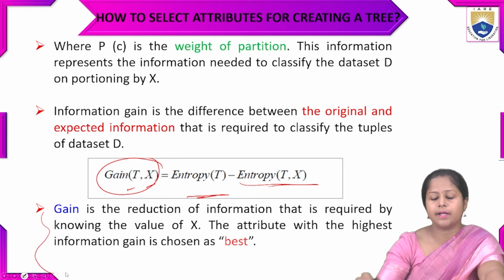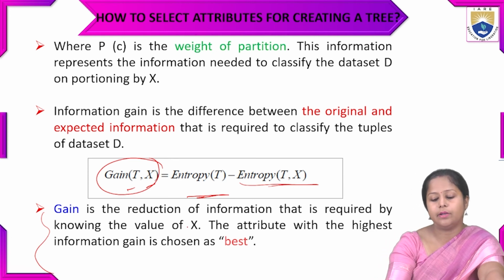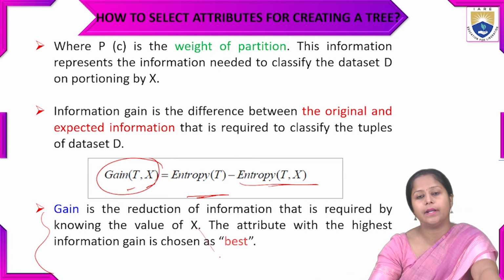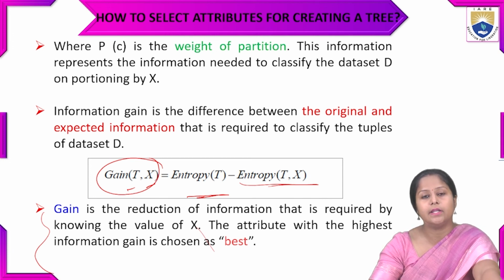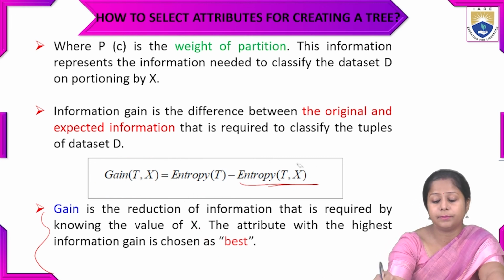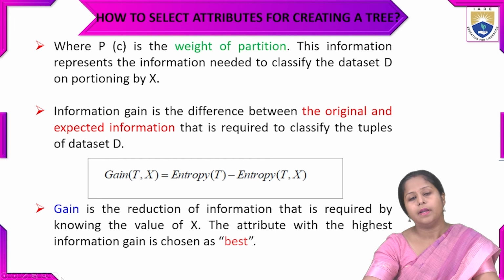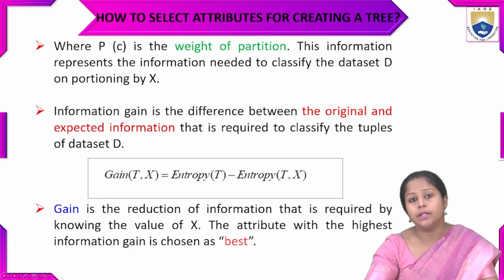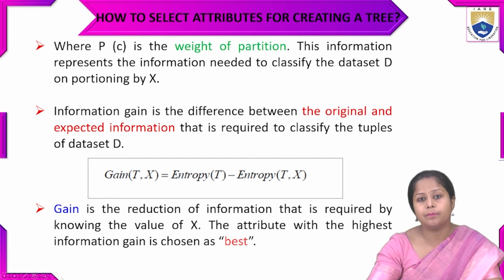The gain is the reduction of information that is required for knowing the value of X. Basically we are finding out the value of X. The attribute with the highest information gain is chosen as the best. We will measure the information gain for each node, and the higher the information gain, the better that attribute is to select for the splitting node.